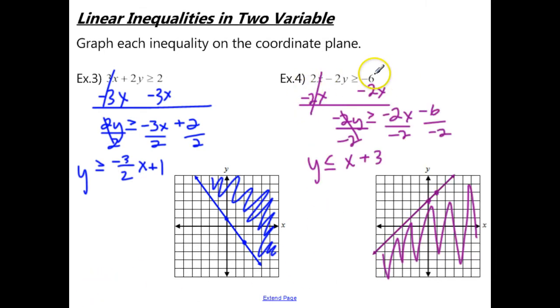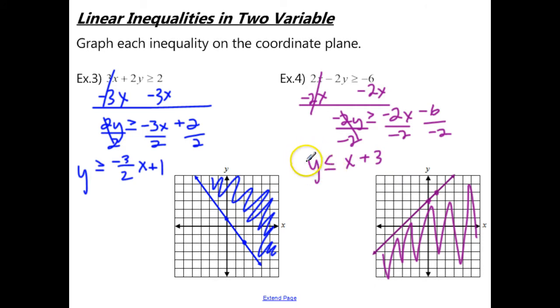Now when you're changing this inequality into slope-intercept form, remember that whenever you divide or multiply by a negative number, you have to flip that inequality symbol. So as we divide through by -2, you need to change this from a greater than or equal to a less than or equal to. Now our line is still going to be solid, but what that does is it changes the direction of the shading.